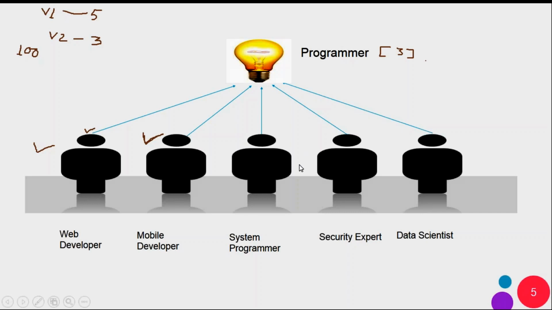But what if the system programmer or the security expert or the data scientist does not need those new features? Then what will happen? If you make changes into your interface itself, the system programmer, security expert and data scientist unwillingly need to implement those features along with them.